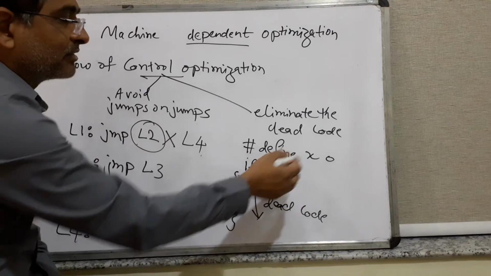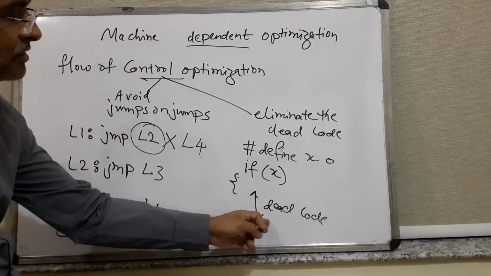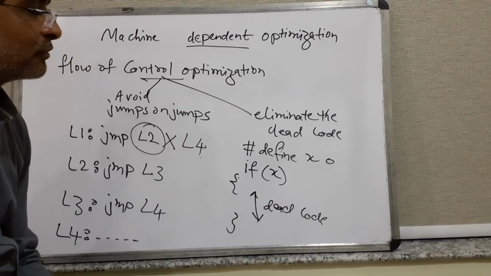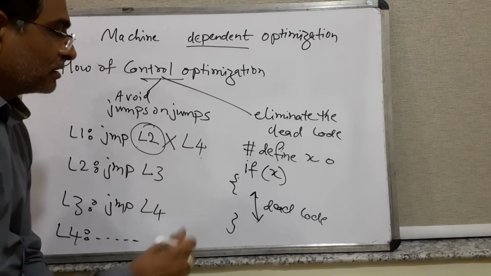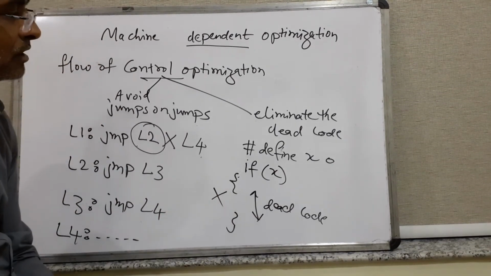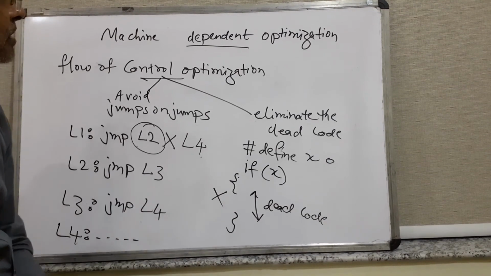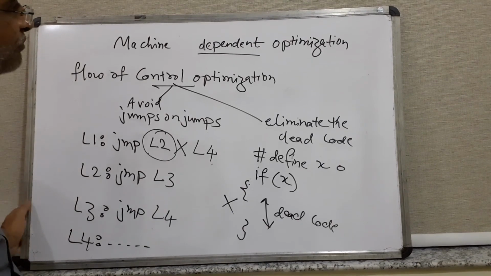Why? Because I am saying x equal to 0, this condition is never going to be fulfilled. Considering this situation, whatever lines of code are present here will always be dead code. So we can very clearly say that this code could be removed from the actual high level code, and indirectly we are doing the optimization, right? And the last category is use of machine idioms.